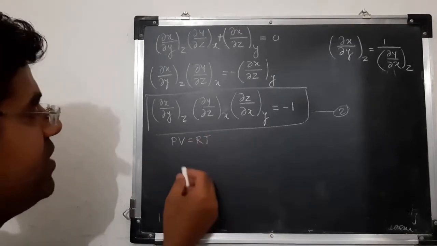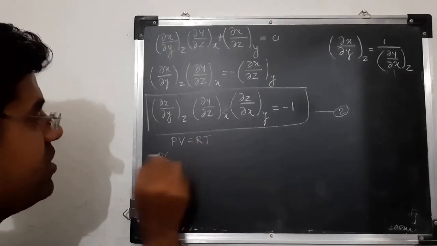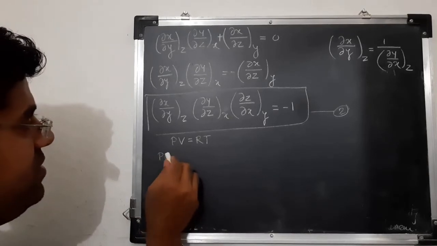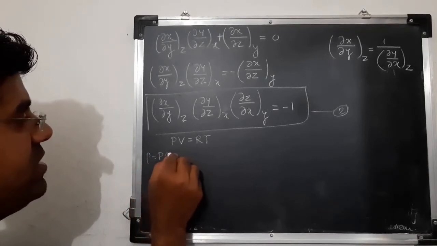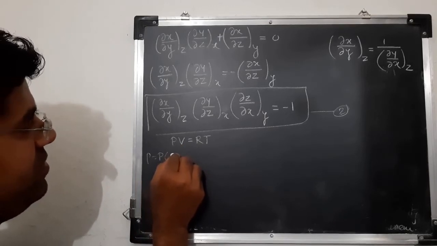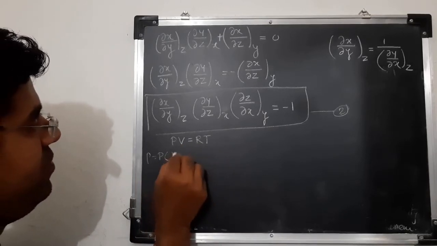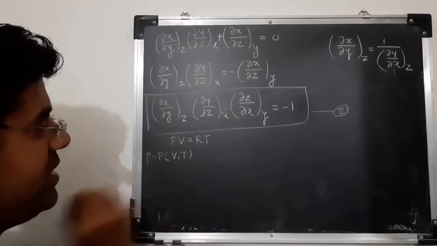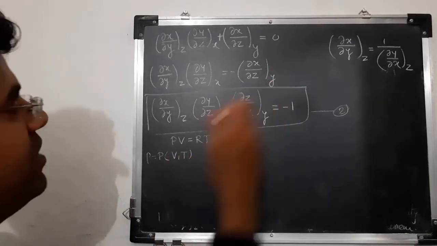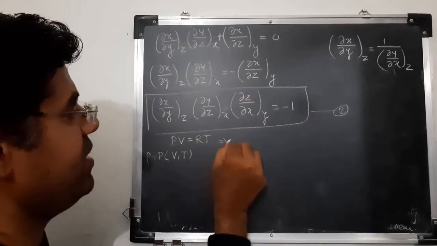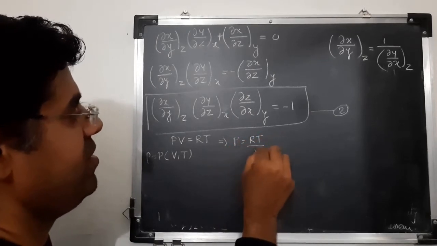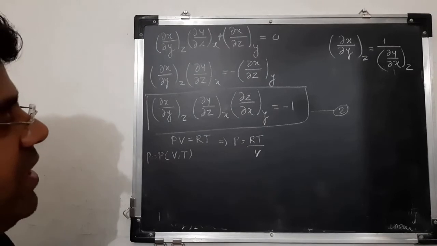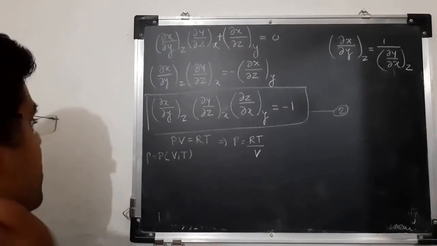So what is my function? P is a function of V and T. Here we can write P is equal to RT divided by V. Suppose temperature is constant.